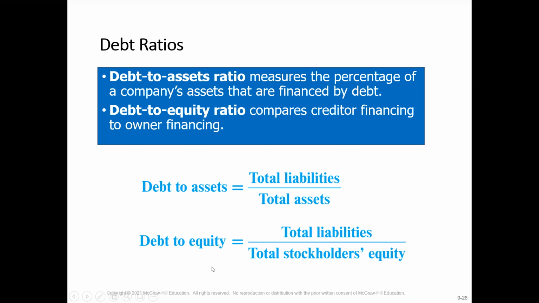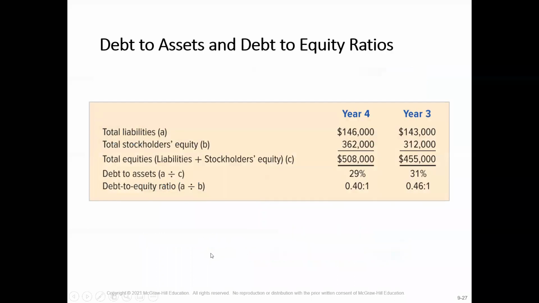So debt to equity is total liabilities divided by stockholders' equity. So are our assets mostly financed by debt or by equity? So debt to assets and debt to equity ratios: total liabilities divided by total stockholders' equity gives us our debt to equity ratio.